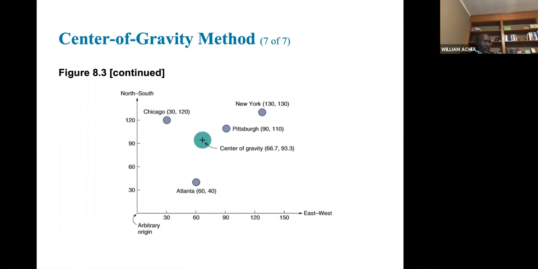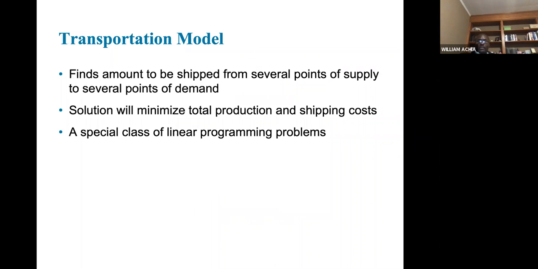We've looked at 3 examples of approaches, and I wouldn't use these 3 approaches in isolation. If I was part of a team trying to come up with the best site location, I would use multiple approaches to figure out the best location to site our operations.